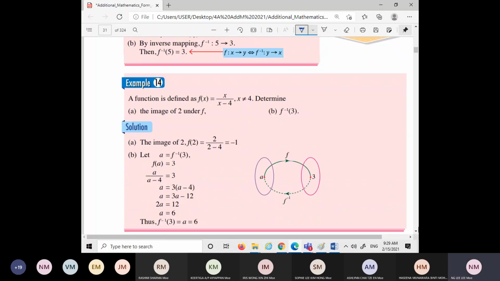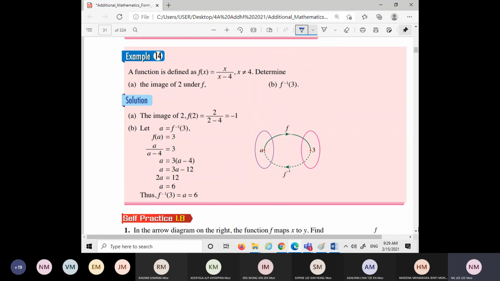Now we go to the next example. They give you the function f(x) equals x over x minus 4.